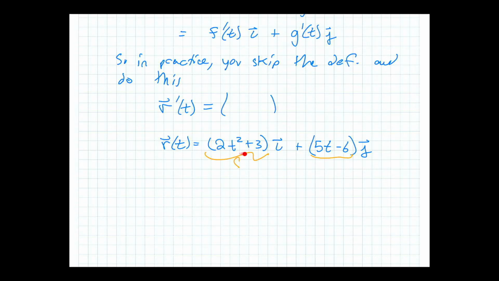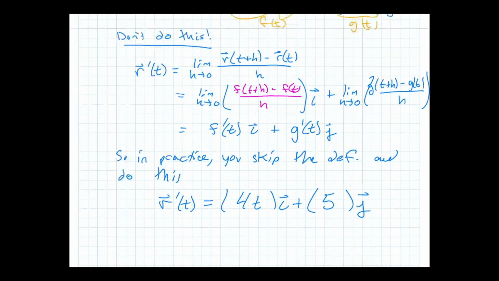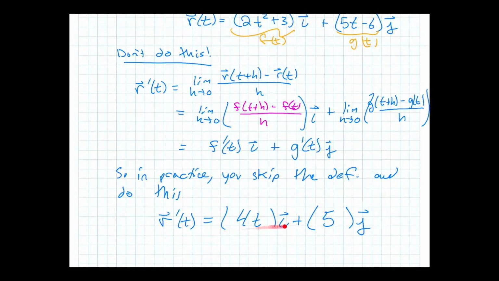What's the derivative of 2t squared plus 3? That's just 4t, i. And then the derivative of 5t minus 6 is just 5j. So you just do your normal derivatives for each piece. And that's it. You would just jump from this top line to this line, and you don't actually need to write anything out with these limits. Okay, so that's the key.